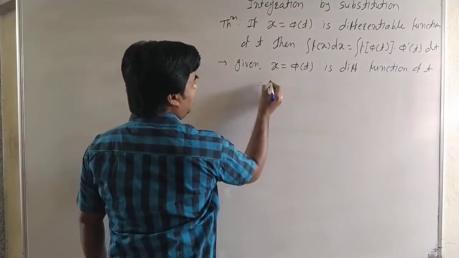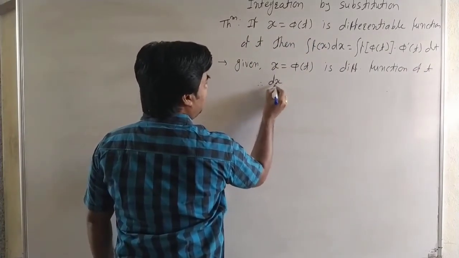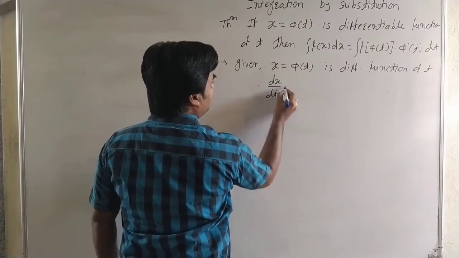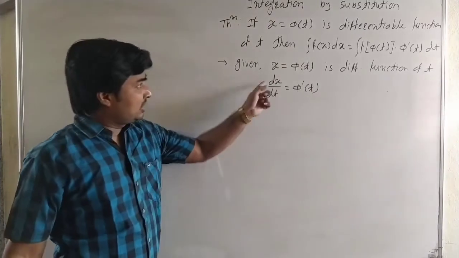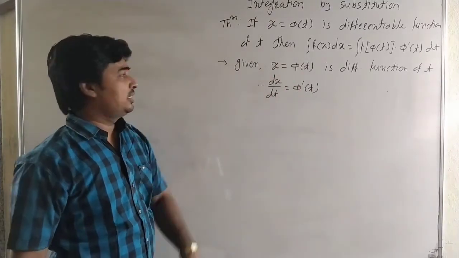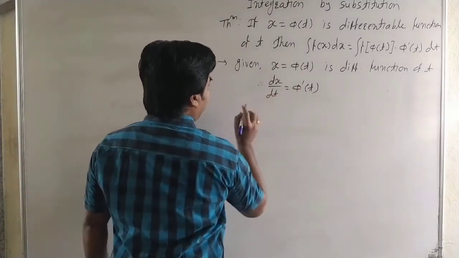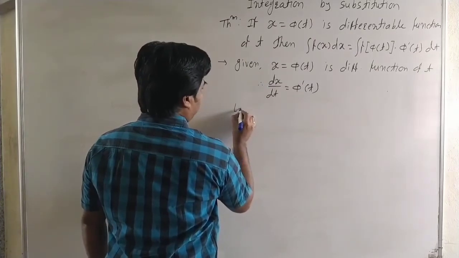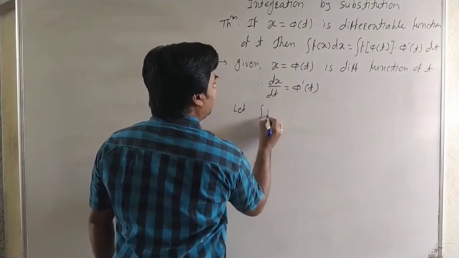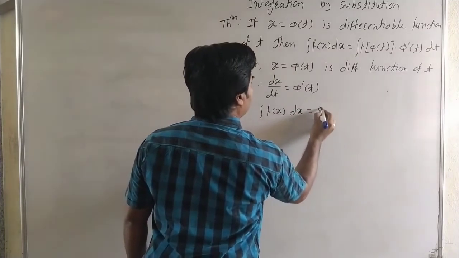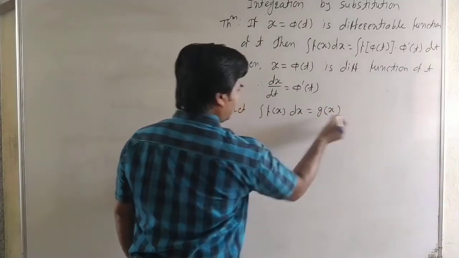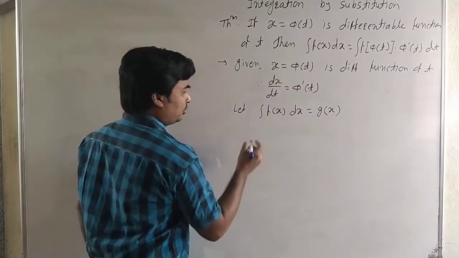Therefore, we can differentiate it: dx by dt is equal to phi dash of t. Now, let the integral of f of x dx be equal to g of x.